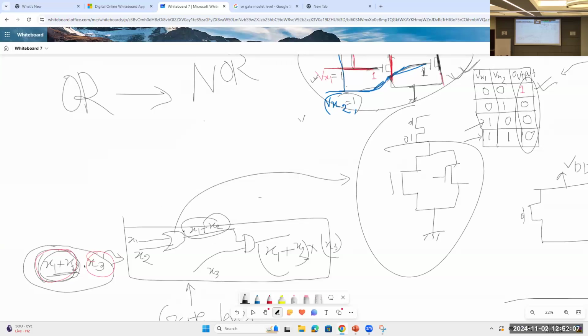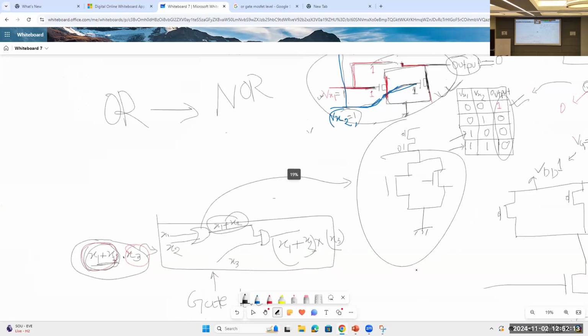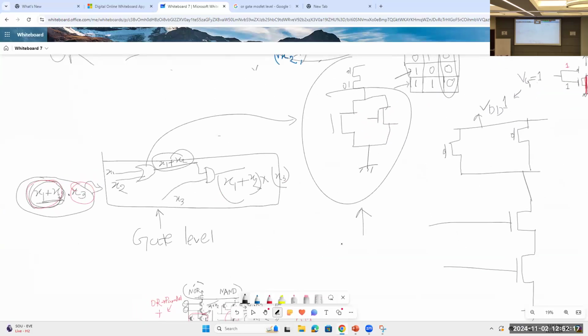So inside the gates, there will be transistors. When you draw the whole circuit using MOSFETs, then this representation is called transistor level. When you represent all the gates in terms of transistors, you have to draw what's inside them too. That's why this is called transistor level.